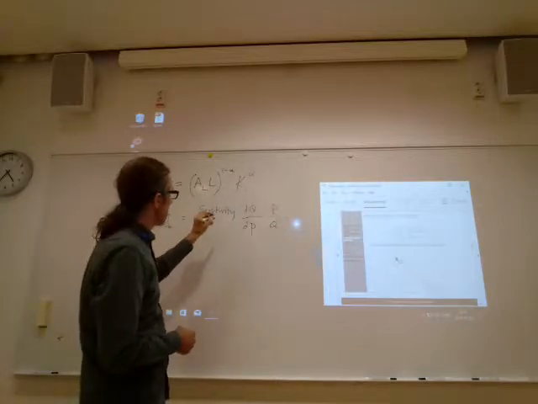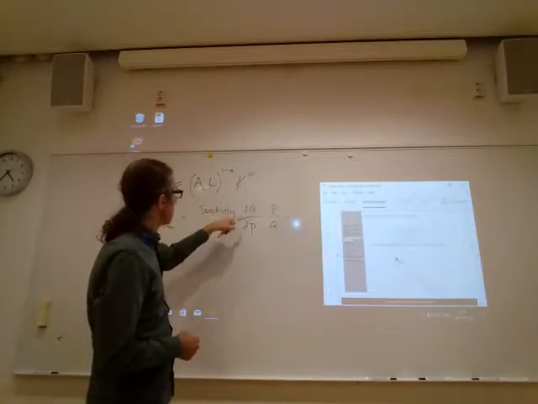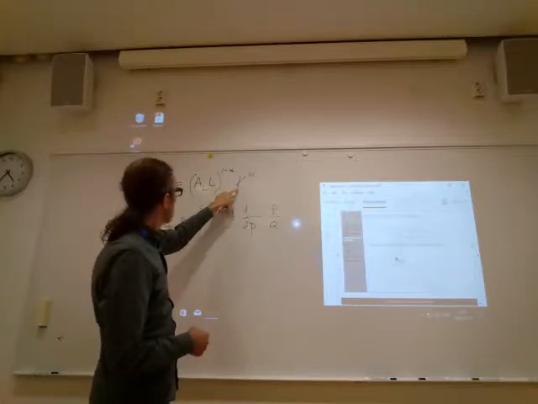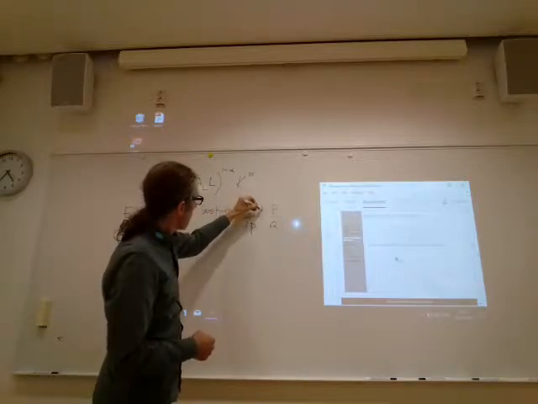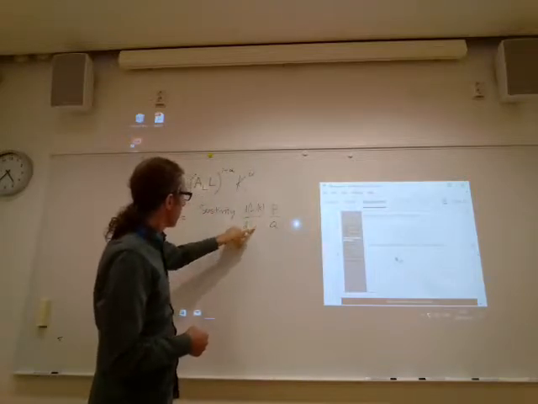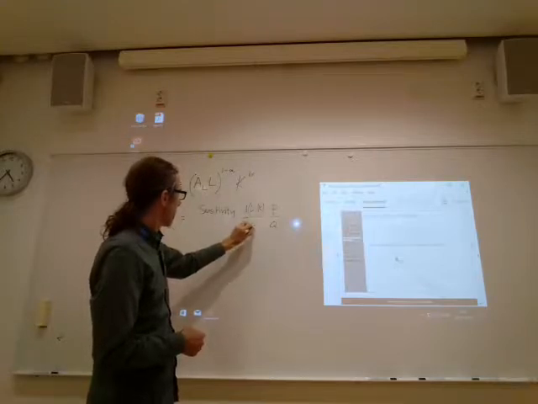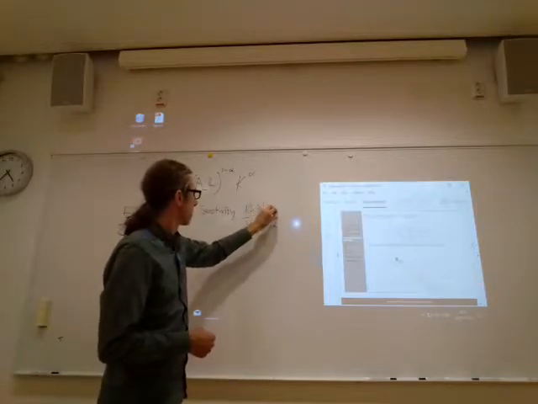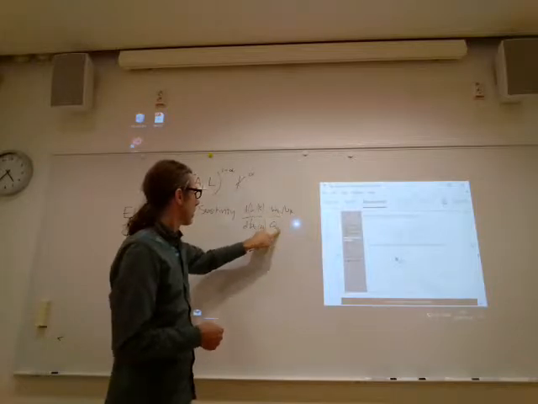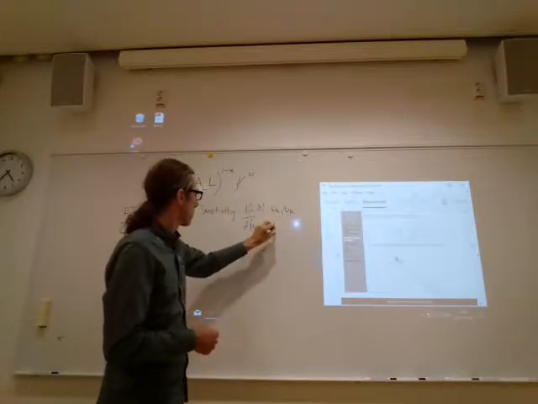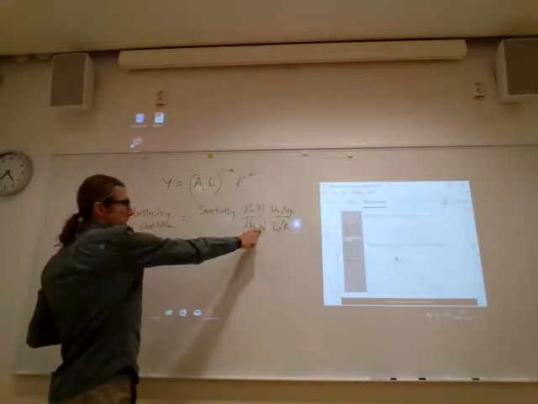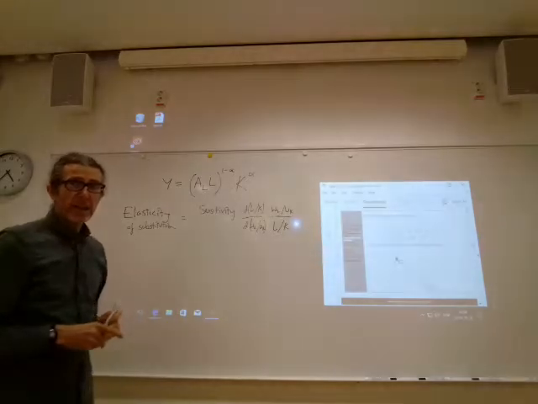It's the sensitivity of relative quantity to relative price. So relative quantity is like L over K, and the relative price is like WL over WK, where WL is the wage and WK is the cost of hiring a unit of capital for a period.